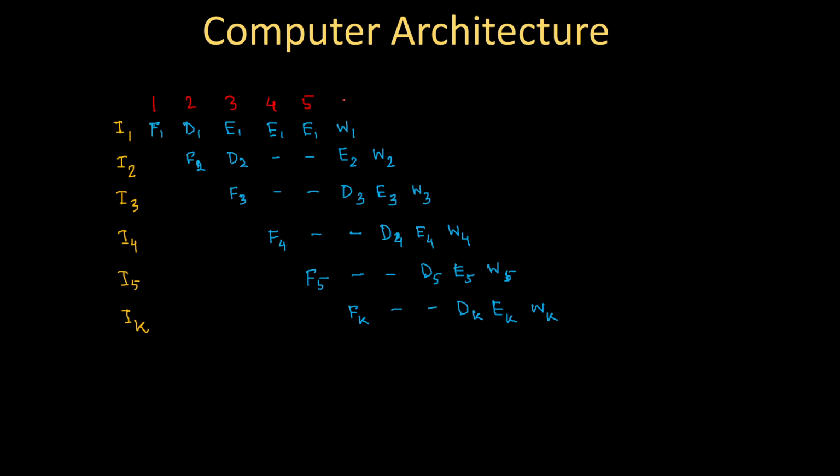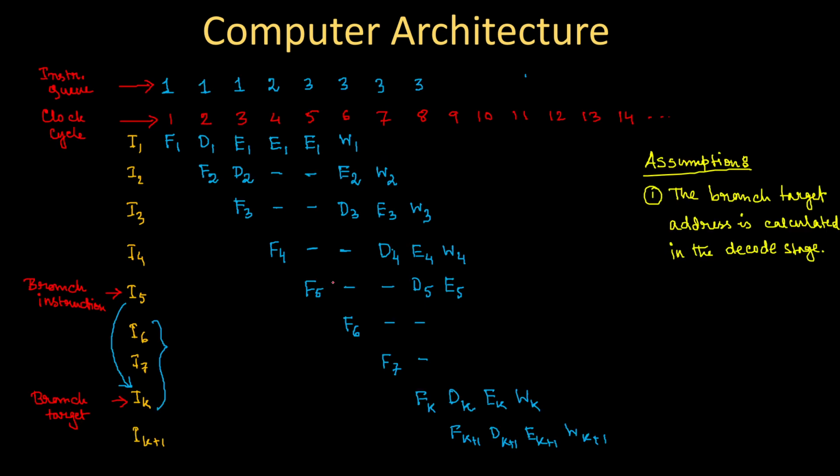So it will be 6, then 7, 8, 9, 10, and 11. Yes. You see, this IK has completed on the 11th clock cycle, right? On the 10th clock cycle, your I5 can complete like this, right? Here, if you compare, this IK has completed again on the 11th clock cycle.